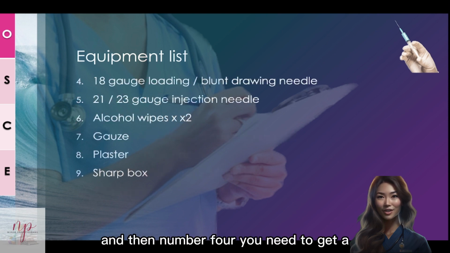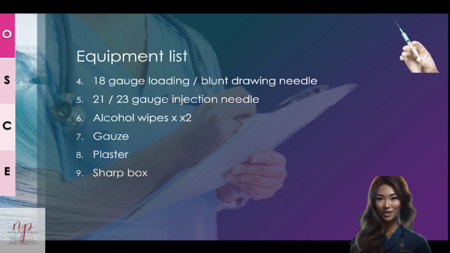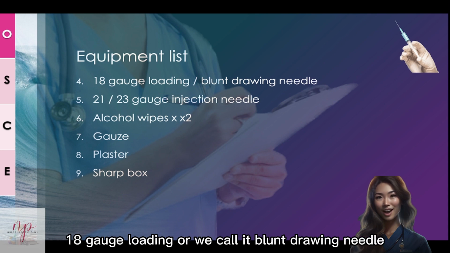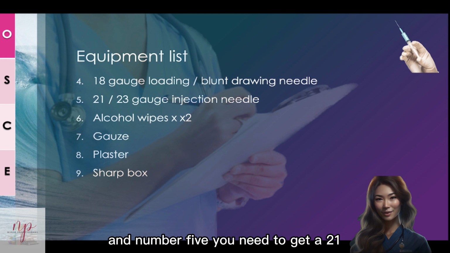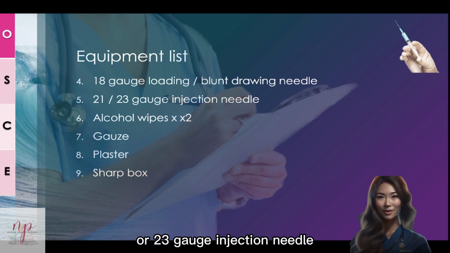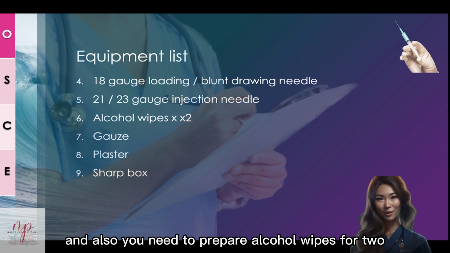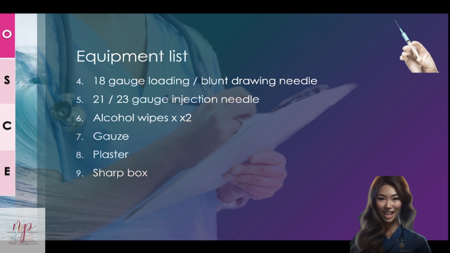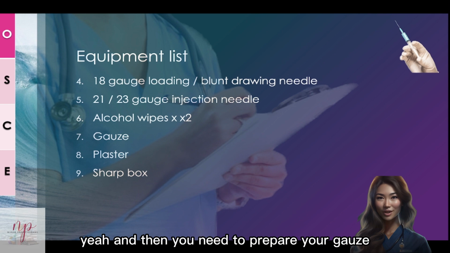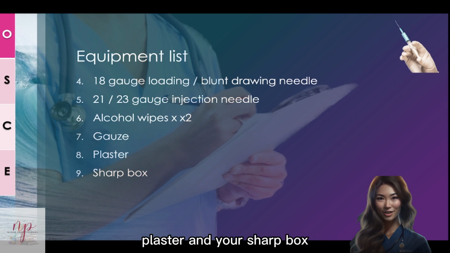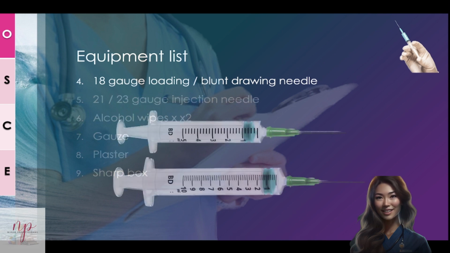Number 4, you need to get an 18 gauge loading needle, or we call it a blunt drawing needle. Number 5, you need to get a 21 or 23 gauge injection needle. You also need to prepare alcohol wipes for 2. And then you need to prepare your gauze, plaster, and your sharps bin.